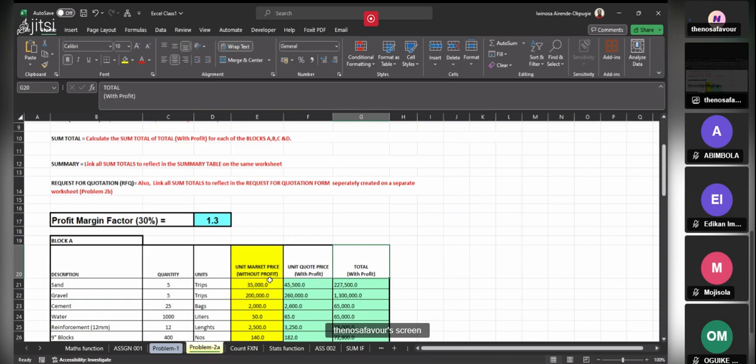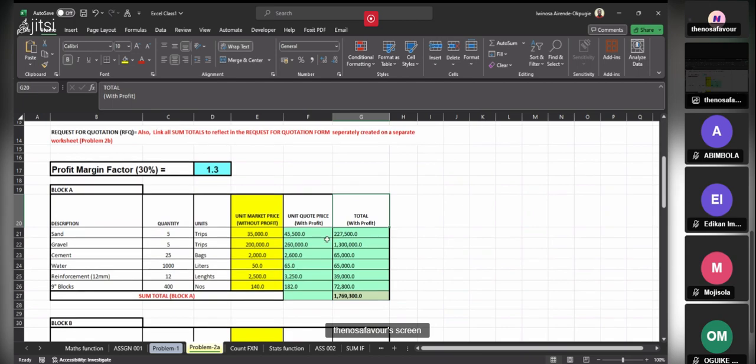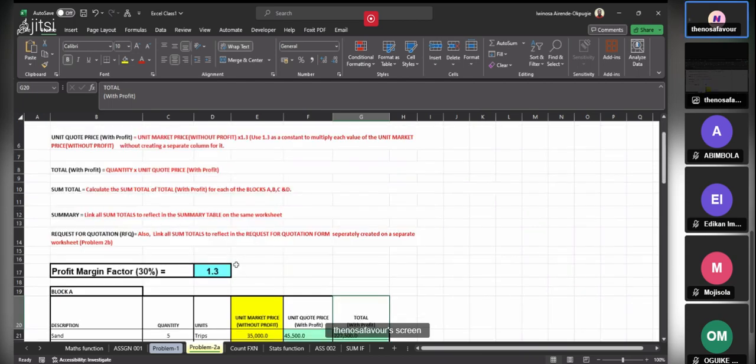Okay, and then just a follow-up question. How did the constant come about? Is it a mathematical calculation? Okay, let's see.